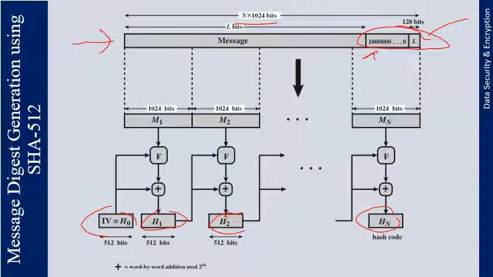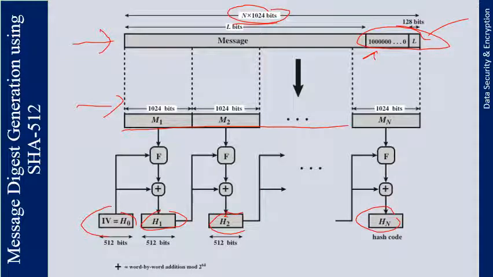The output of the first two steps yields a message that is an integer multiple of 1024 bits in length. This is the expanded message, represented by the sequence of 1024-bit blocks M1, M2, up to Mn, so that the total length is N times 1024 bits.